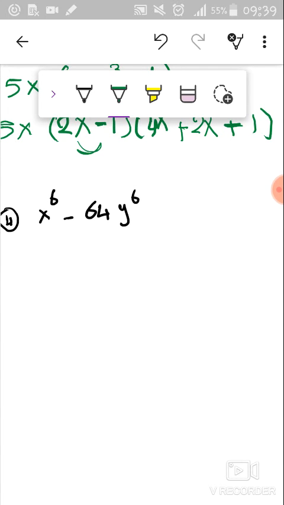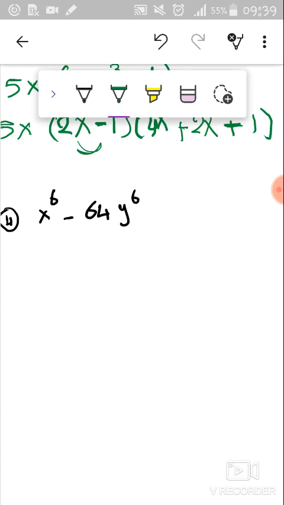Last one. Here we have x to the power 6 minus 64y to the power 6. Here we have two ways. I can treat it as a difference of two cubes, or as a difference of two squares.